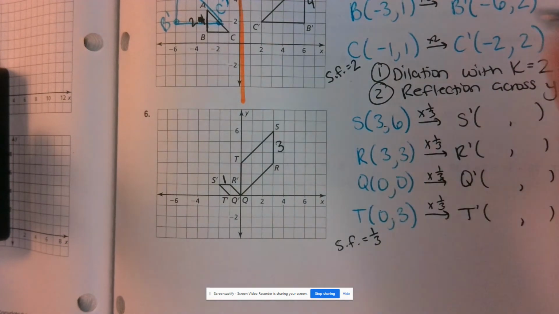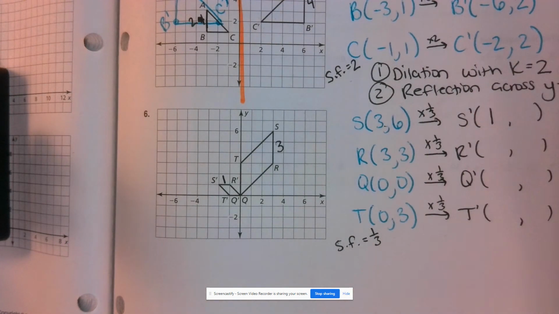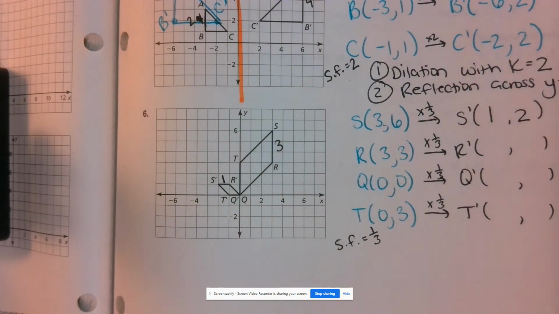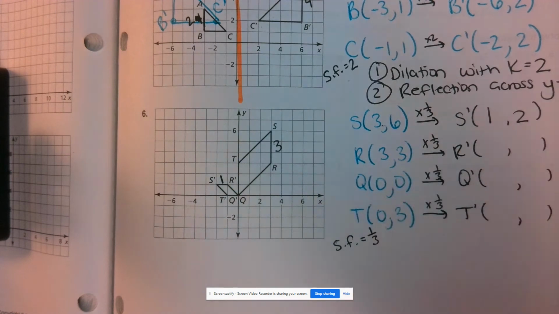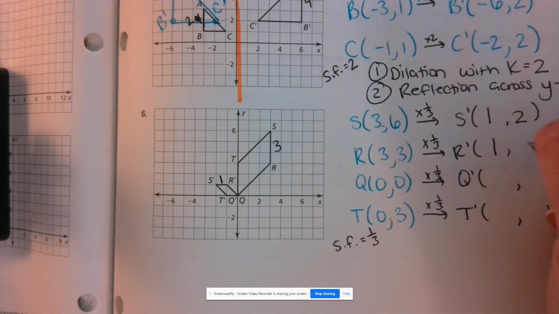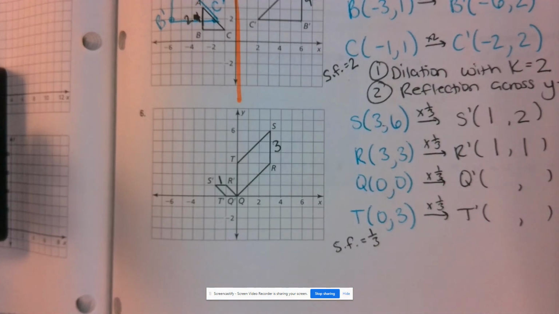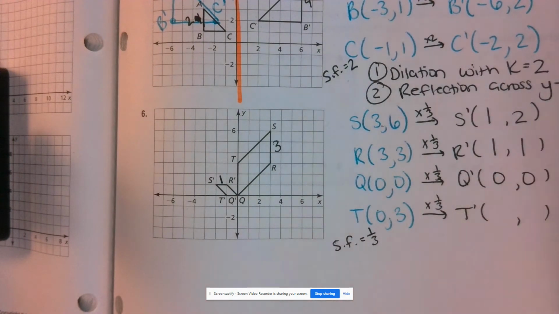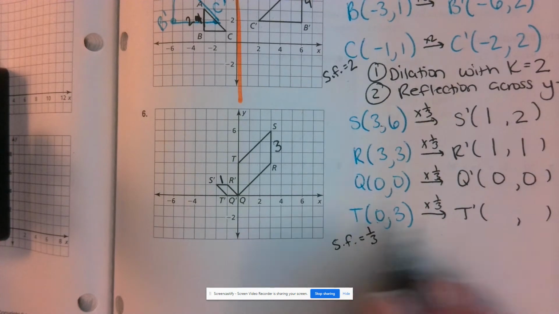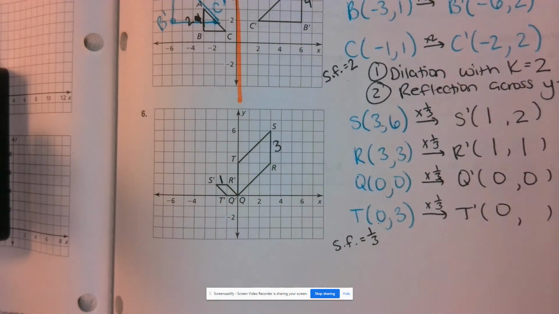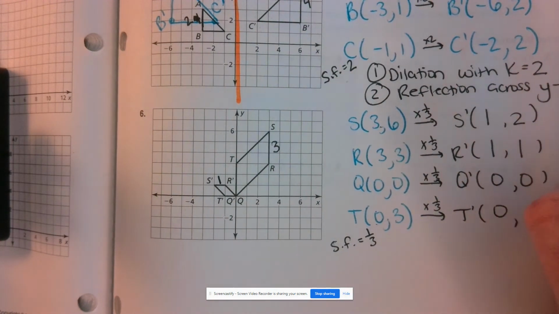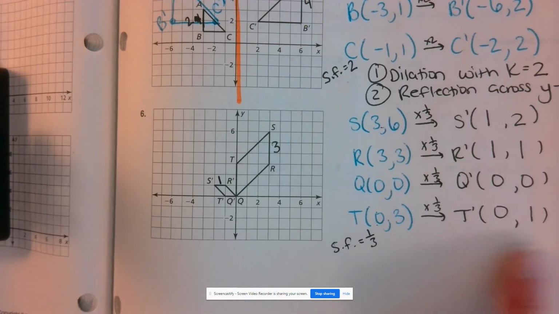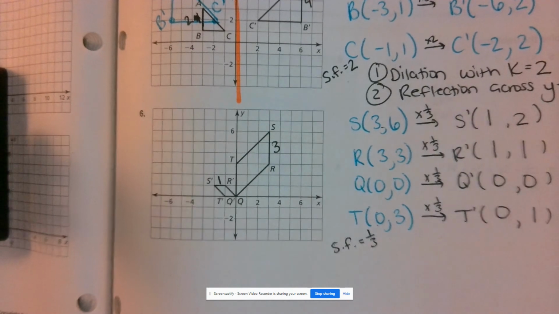Three times 1/3 is 1. 6 times 1/3 is 2. 3 times 1/3 is 1. 3 times 1/3 is 1. 0 times 1/3 is 0. 0 times 1/3 is 0. And 3 times 1/3 is 1. I'm going to graph this polygon on the coordinate plane.